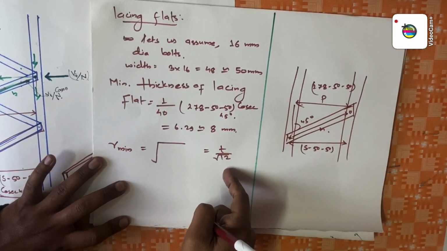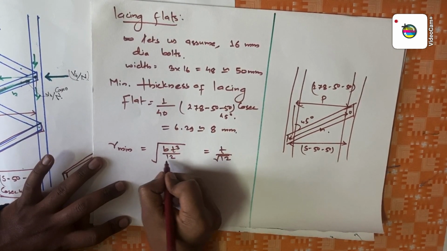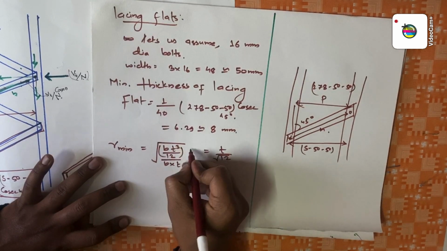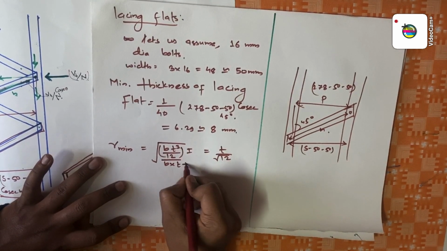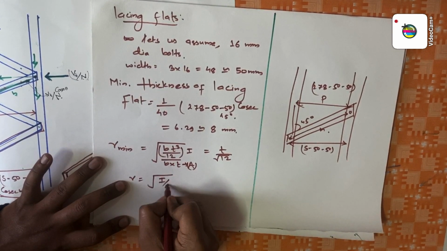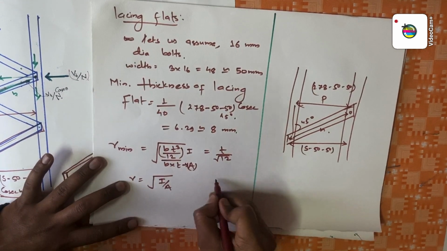This formula is obtained from r equal to under root I by A, so I is b t cube by 12 and area is b into t. I am talking about the lacing flat.